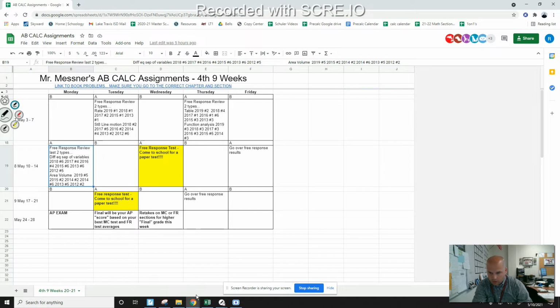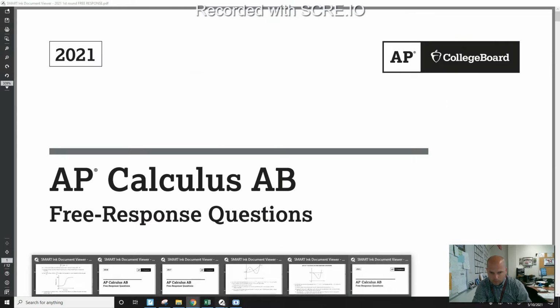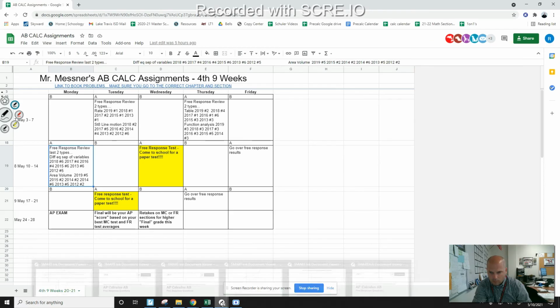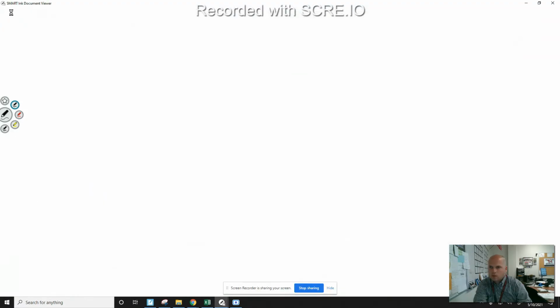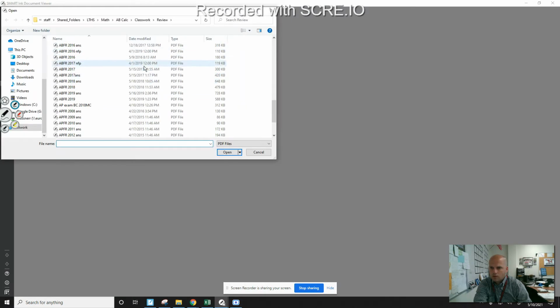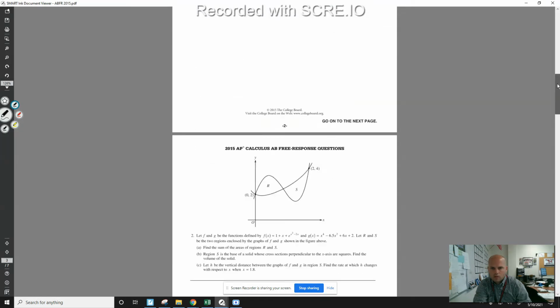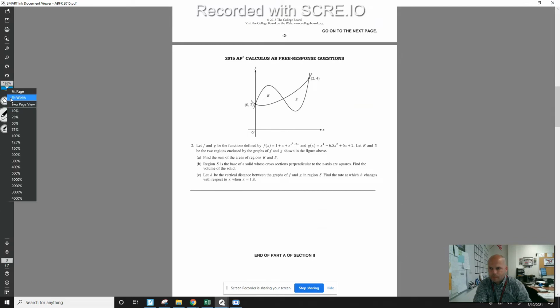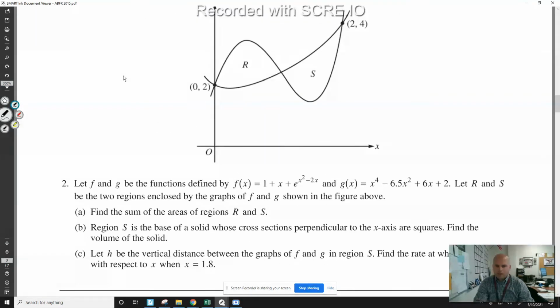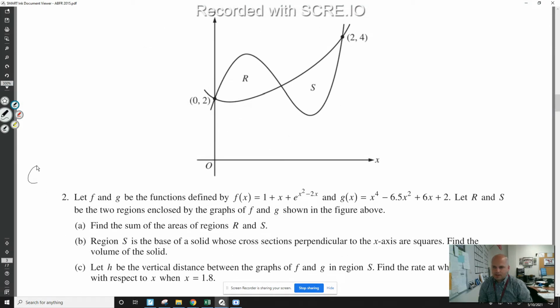2015 number 2. Been a while. All right. We got R and S. It's a number 2, so that means it's a calculator.